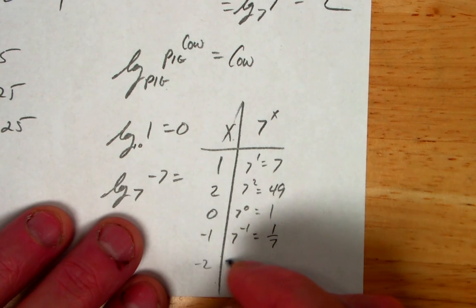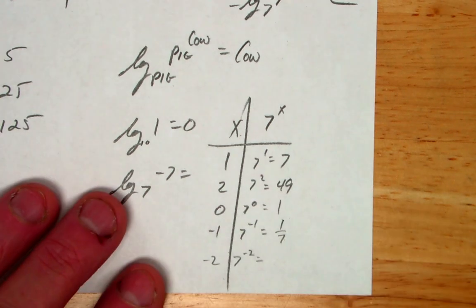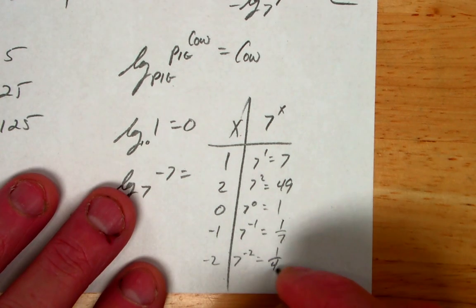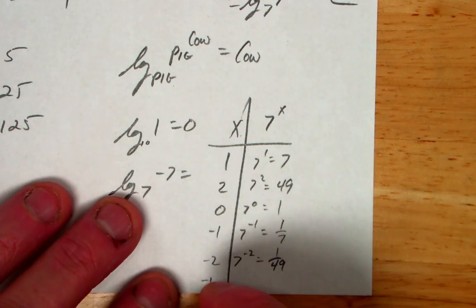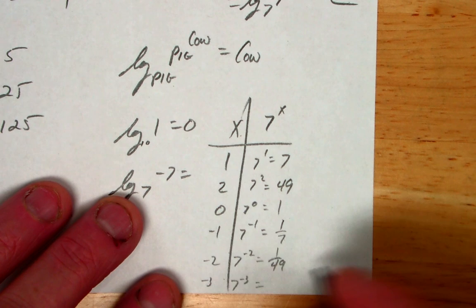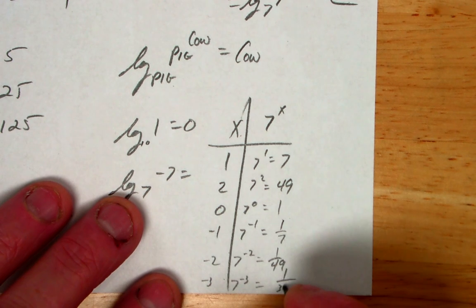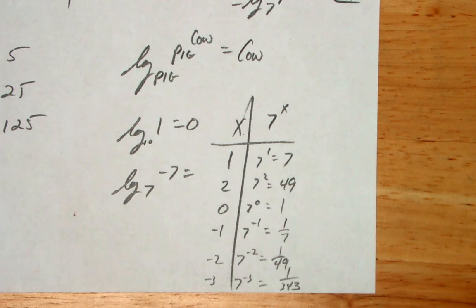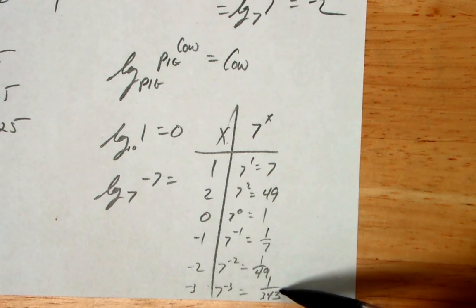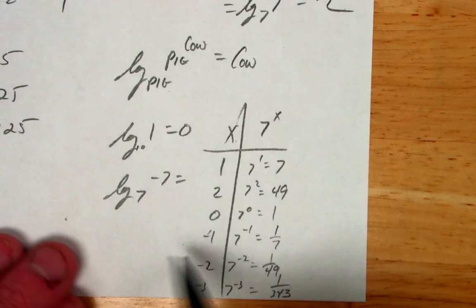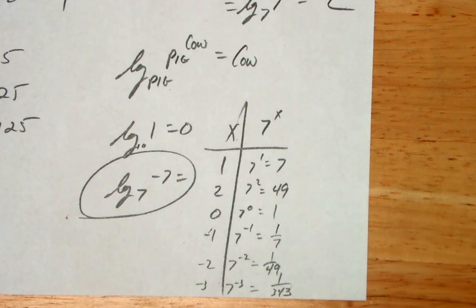Negative 2, what do I get? 7 to the negative 2 is 1 over 49. Negative 3, 7 to the negative 3 equals 1 over 343. Notice, am I ever going to get a negative number? No. So no solution, not possible.